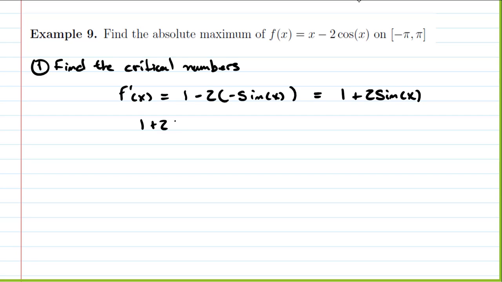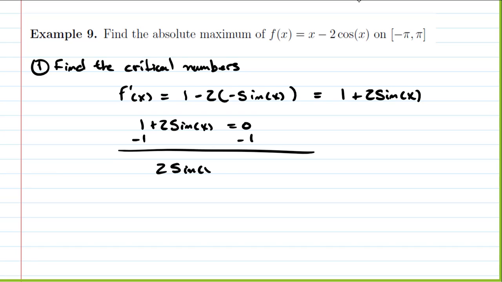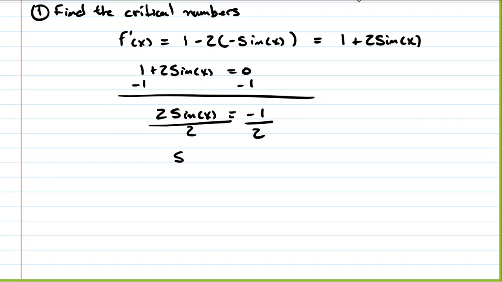So we have 1 plus 2 sine x is equal to 0. We minus 1, we minus 1, and we get 2 sine x equals negative 1. Divide by 2, divide by 2. So sine x equals negative 1/2. So then x is the inverse sine of negative 1/2.